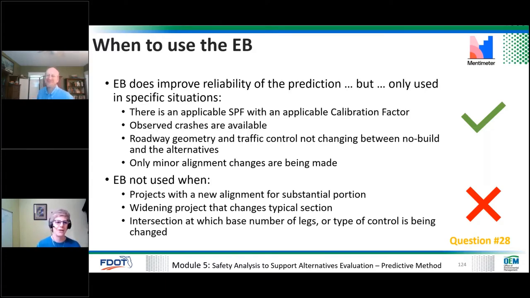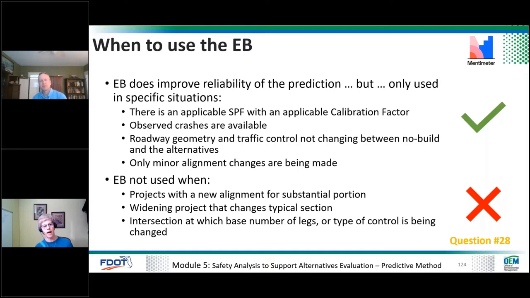So the EB is applicable since you're combining predicted and observed crashes. It's applicable in conditions where you wouldn't expect observed crashes to change a lot over time. So it's really valuable under an existing conditions scenario, or maybe a network screening scenario where you're trying to identify locations that might need safety improvements, because you're predicting crashes on your existing facility.